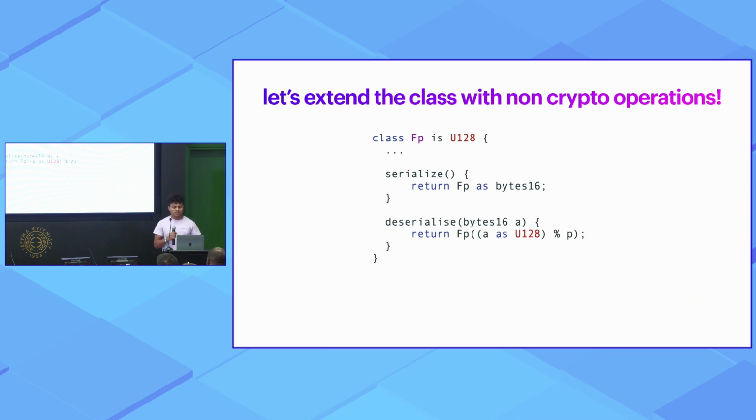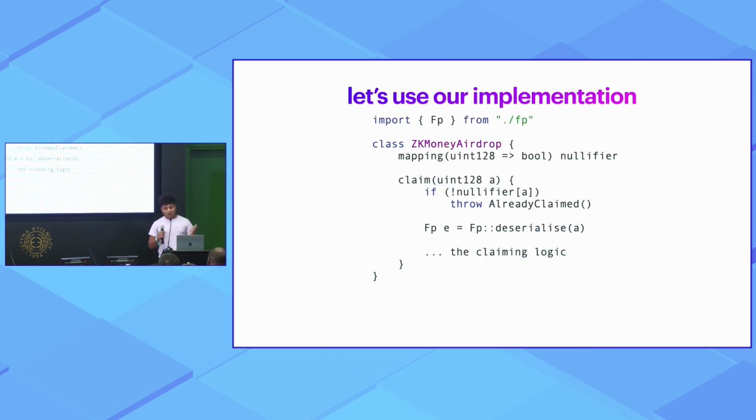Serialization is simply taking your FP and giving your byte 16 as it is. For deserialize, as with all the operations, we are just doing mod P. We get the bytes, convert them into U128, and then do a mod P like everything else. Very intuitive. And now we've built a big protocol, and we've raised a lot of money.